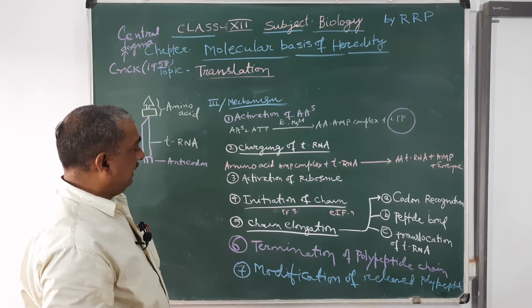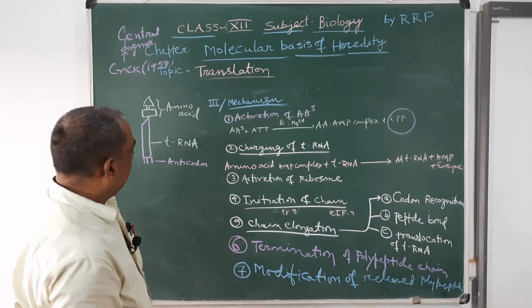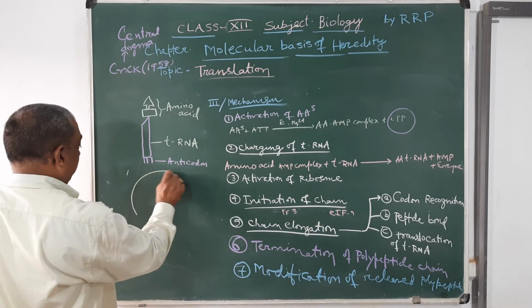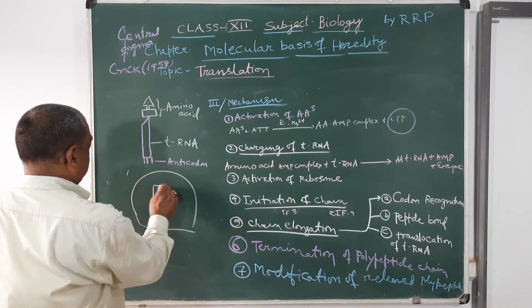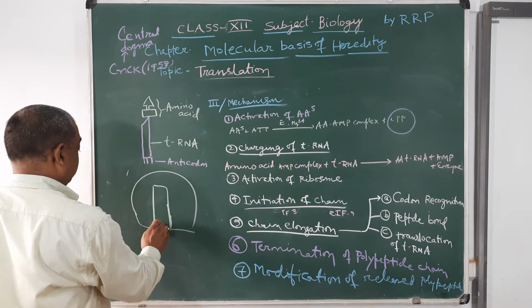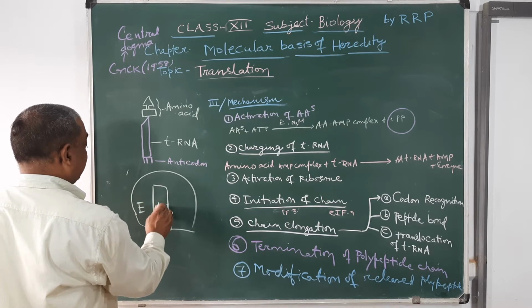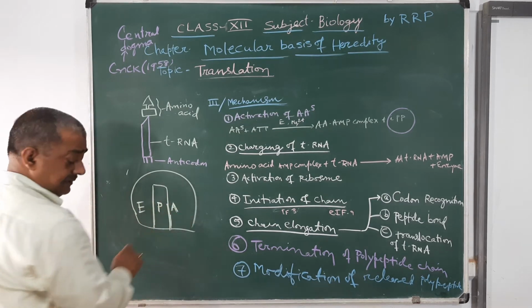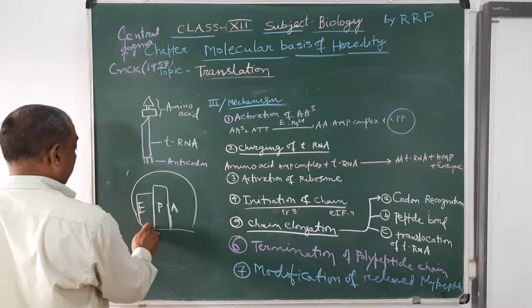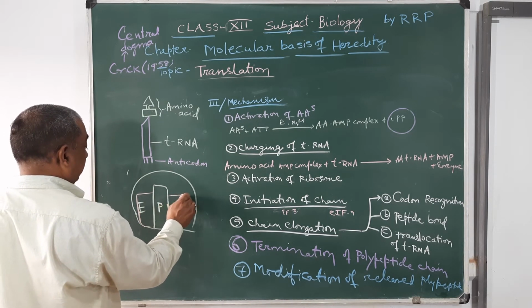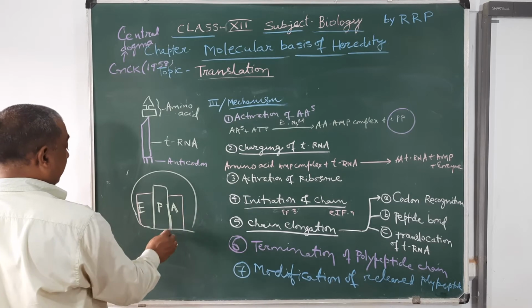The third point is the activation of ribosome. Ribosome is very important and it contains 3 sites: E site, P site and A site. E site means exit site, P site means peptidyl site, A means entry.